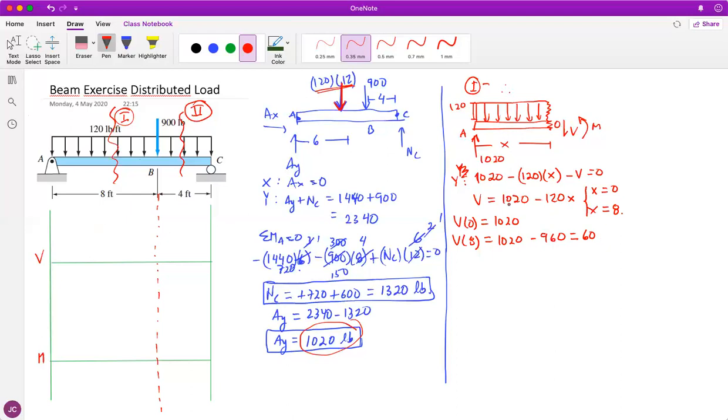This is a straight line with a negative slope. So you start here at 120 and you will end up here at 60. Let me just put it. This thing is not to scale. It's not intended to be to scale, okay?